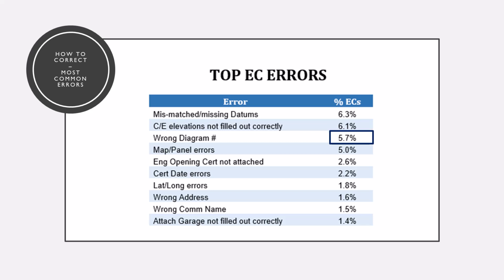The next common error we see is having the wrong diagram number entered in A7. You can usually tell this is wrong by either knowing exactly what type of building is being built or by looking at the elevations in Section C and seeing that they don't match with the building diagram given in A7.